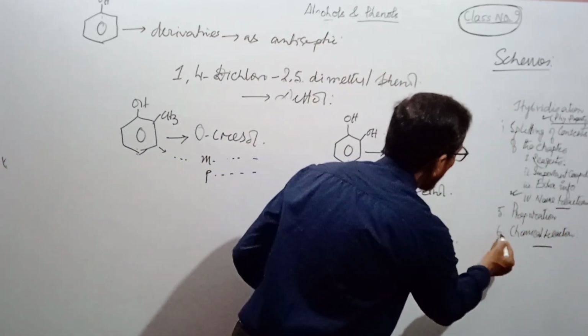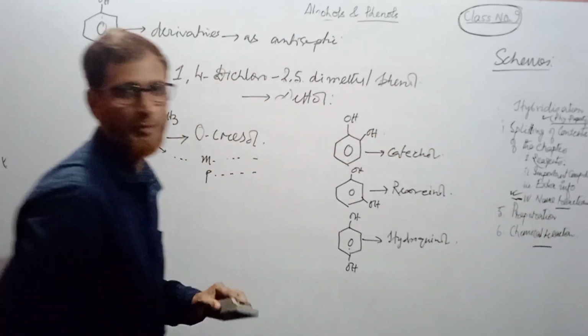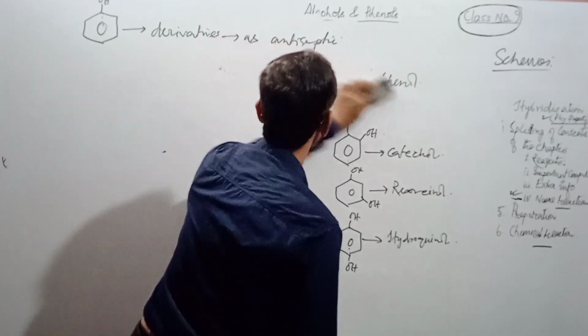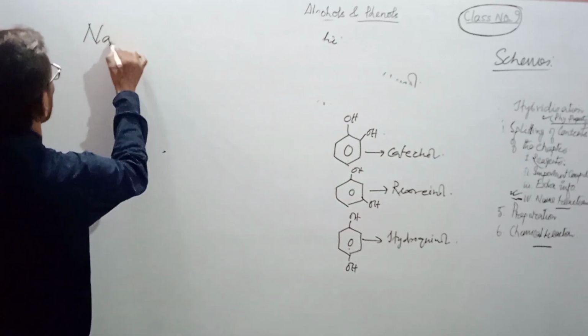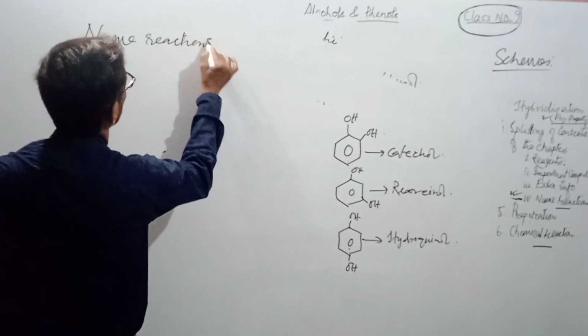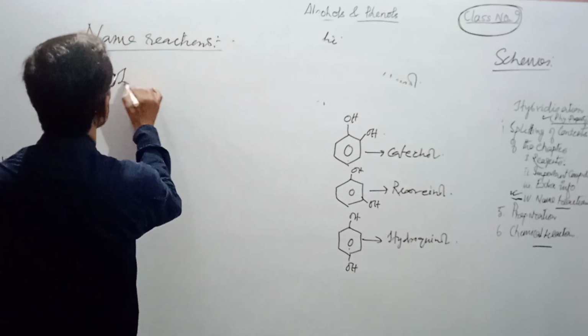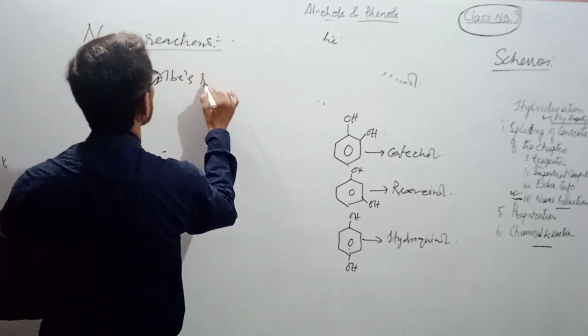Next, we have left one part: name reactions. What name reactions are discussed in the chapter? First of all, the very common name reactions you will find in the chapter: number 1 is Cook's reaction.